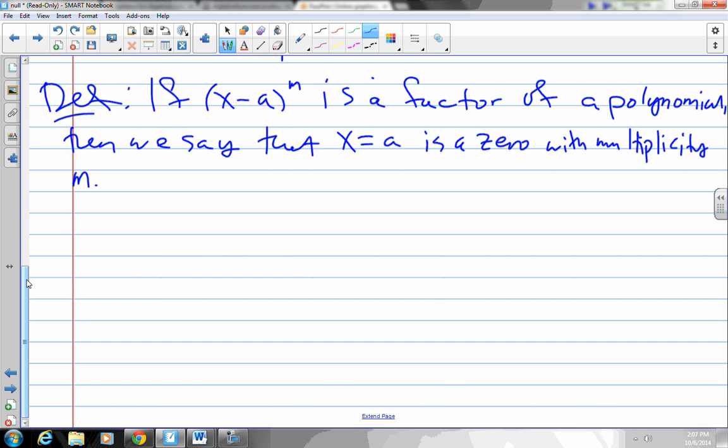So whatever the power of a factor defines the multiplicity of that zero. Okay?